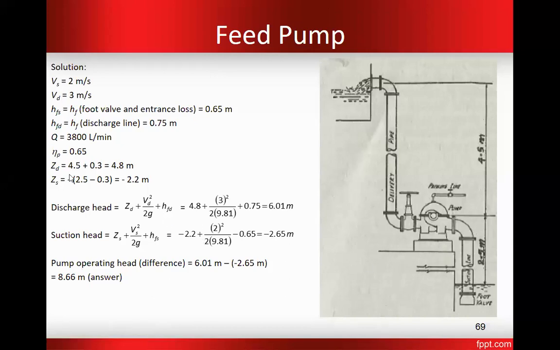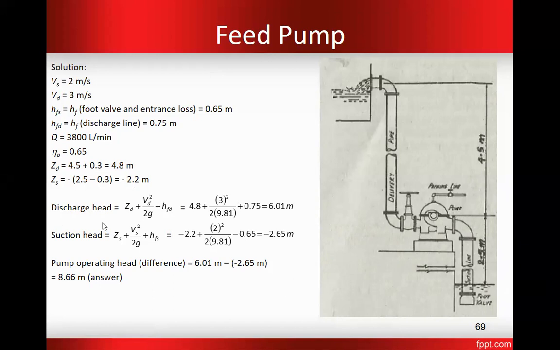So with reference to the gauge, ito yung Z sub D is equal to 4.5 plus 0.3 is 4.8 kasi dito yung gauge mo. Ito yung reference mo na. So Z sub S is negative sa baba. Negative, 2.5 minus 0.3, which is now negative 2.2.